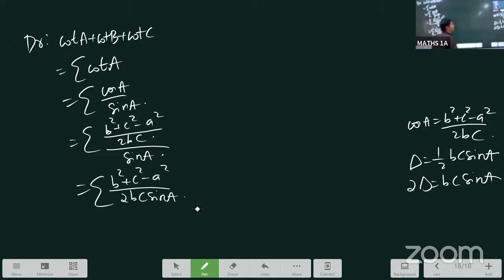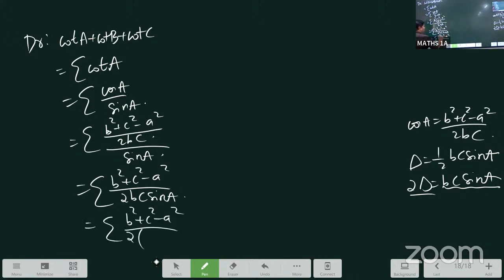But bc sin A is 2 delta. So that is b square plus c square minus a square by 2 into 2 delta, which is nothing but summation b square plus c square minus a square by 4 delta.